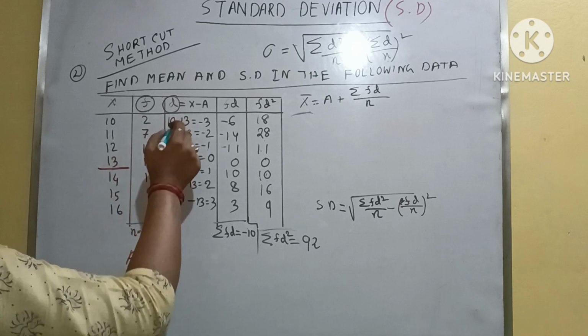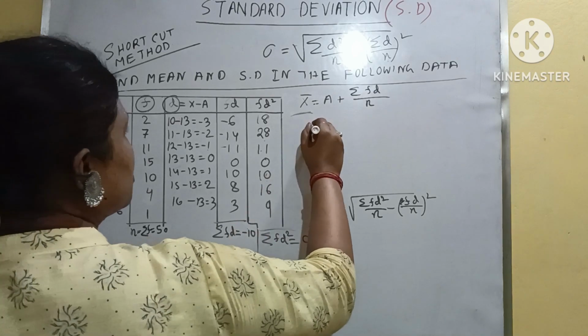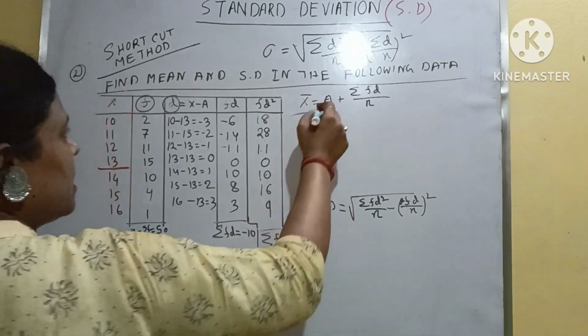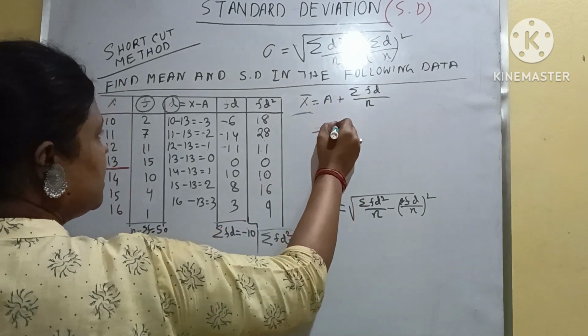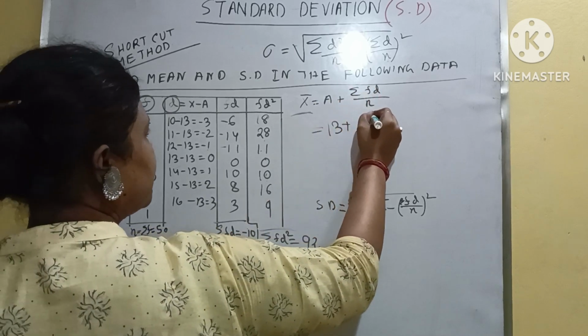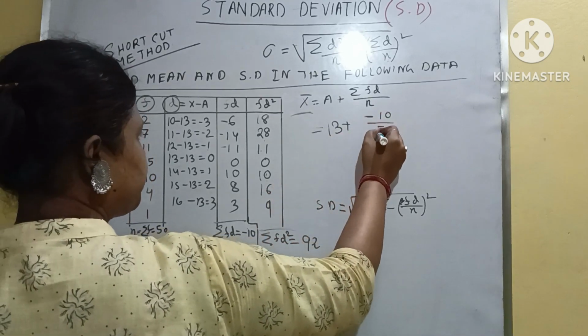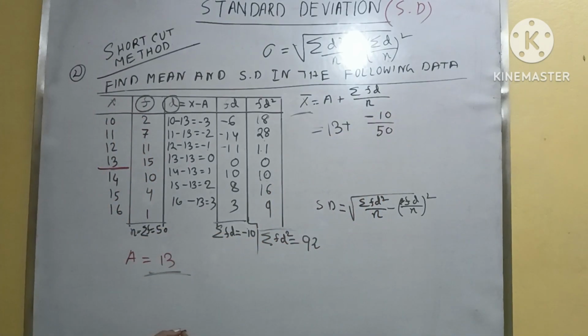Okay. So after calculating this, we have to calculate x bar, the actual mean. 13 is the assumed mean. So we have to calculate the actual mean. By putting the values, the actual mean is 13 plus summation of FD, which is minus 10, over N, which is 50.